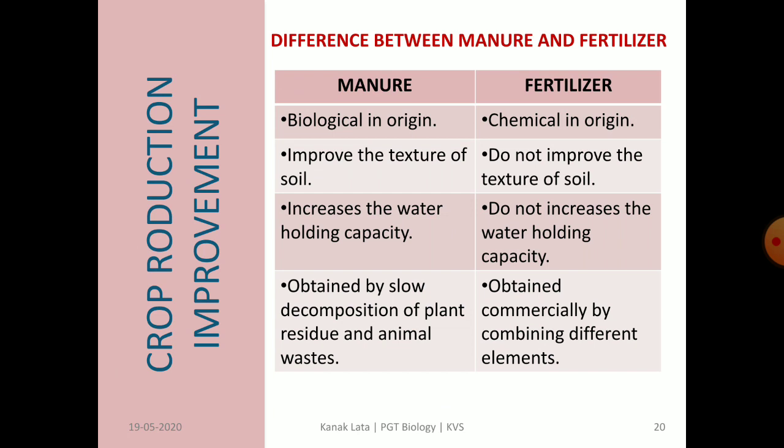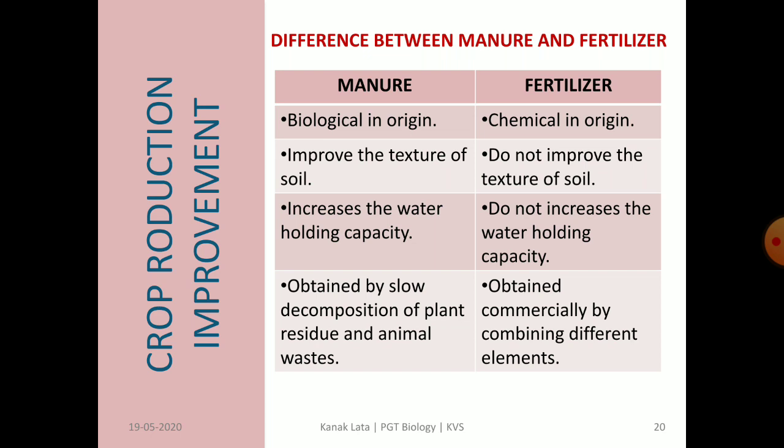Manure is biological in origin, whereas fertilizer is chemical in origin. Manure can improve the texture of soil, whereas fertilizer does not improve the texture of soil. Manure increases the water holding capacity, whereas fertilizer does not increase the water holding capacity.